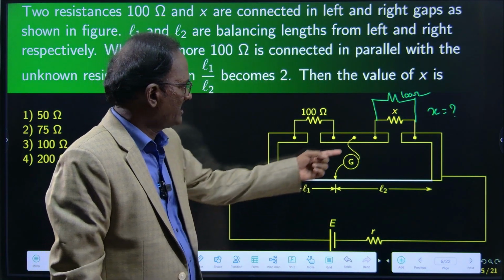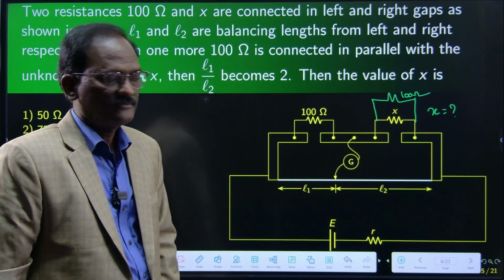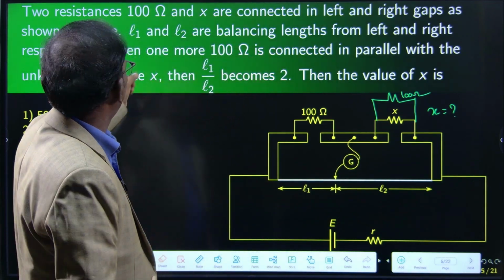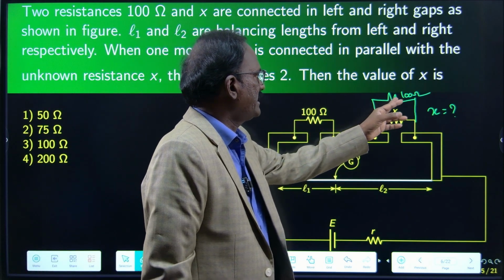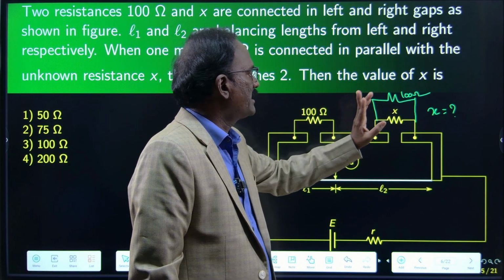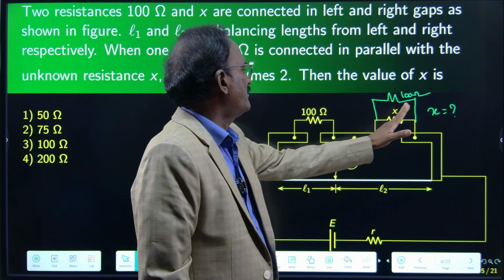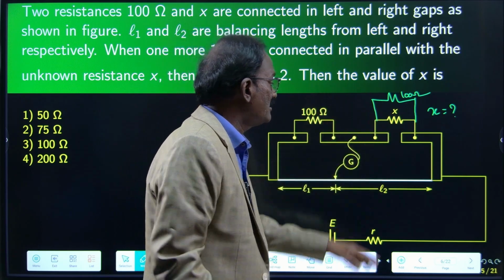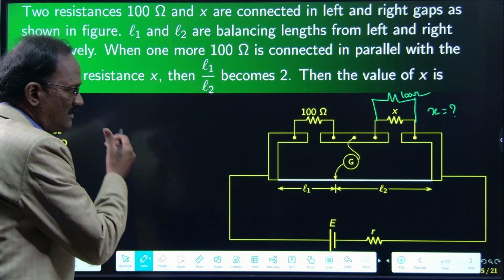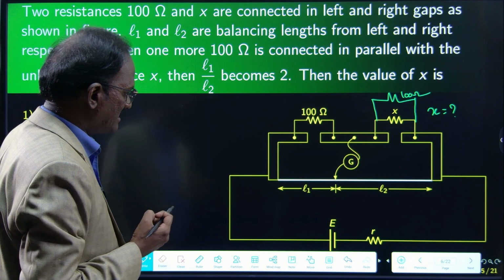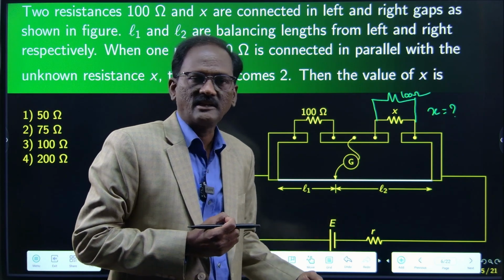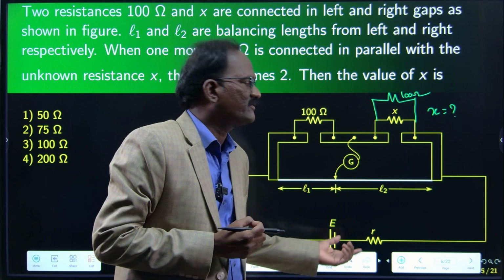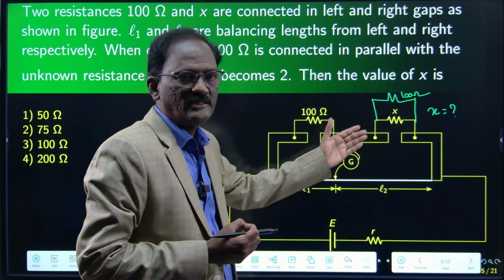Previously, 100 by L1 is equal to X by L2, with 0 deflection, balanced. Now they connect another 100 ohms in parallel with X. What will happen to the value? What is the value of this X? This is the given condition. E is the EMF and R is the internal resistance, but we need not worry about these values, since we have to find the ratio only.